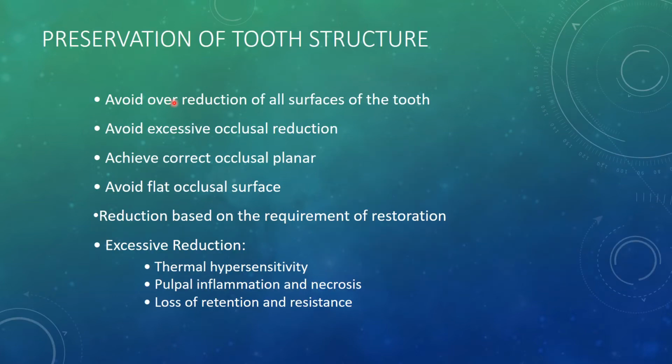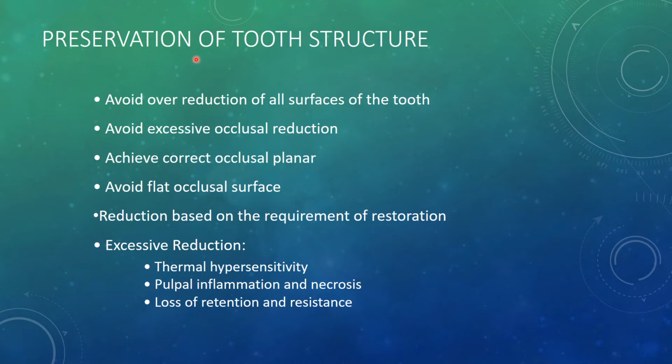Under the preservation of tooth structure, there are certain important points: avoid over reduction of all surfaces of the tooth, avoid excessive occlusal reduction, achieve correct occlusal surface, avoid flat occlusal surface, and base reduction on the requirement of the restoration.